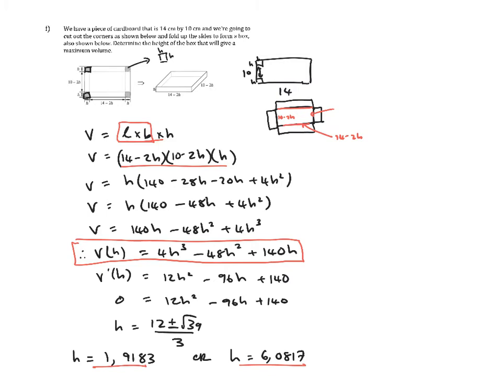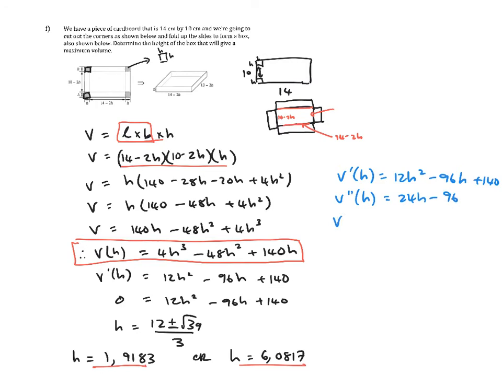This is one of those great questions where it's a good idea to double check with the second derivative, to see whether it's the smaller h or the bigger h. So if you work out the second derivative, the derivative of the function in h, we said it was 12h squared minus 96h plus 140. The second derivative is going to equal 24h minus 96.